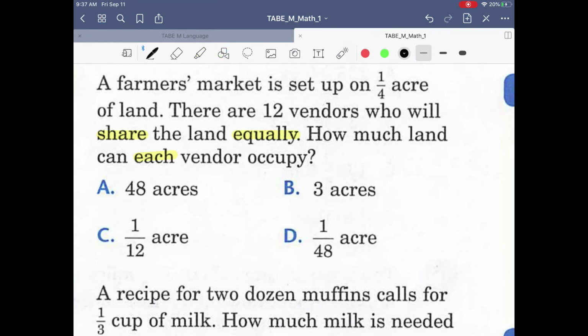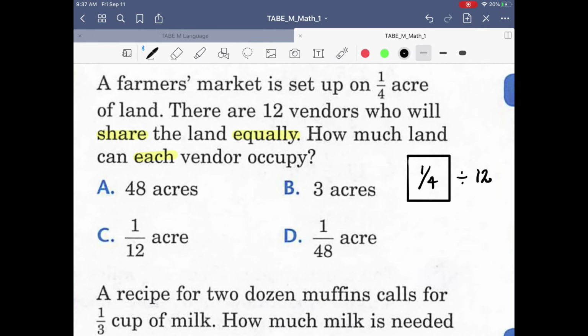So let's get the story straight. Here is the 1/4 acre of land. So I'm going to let that whole box represent the 1/4 acre. And then we need to divide that 12 ways so that each person has an equal share of the land.